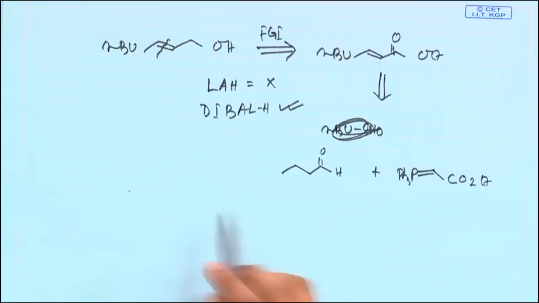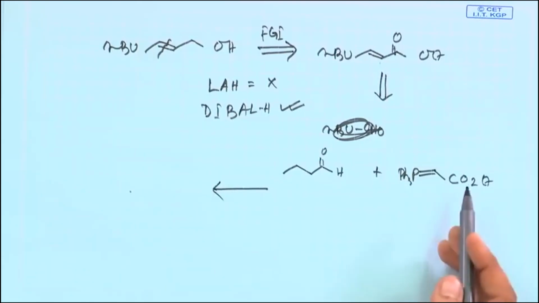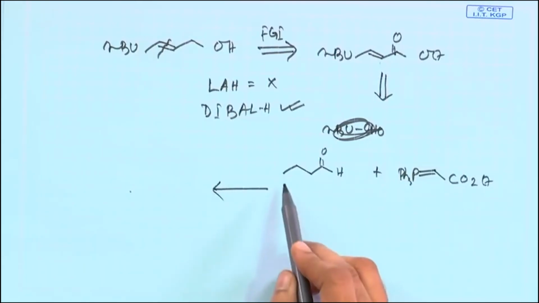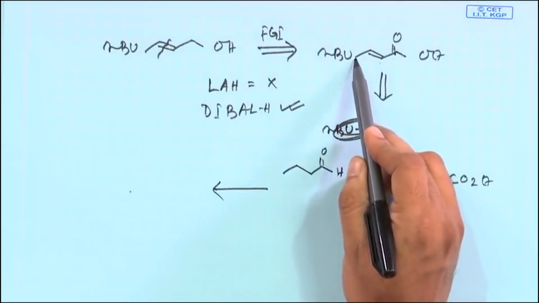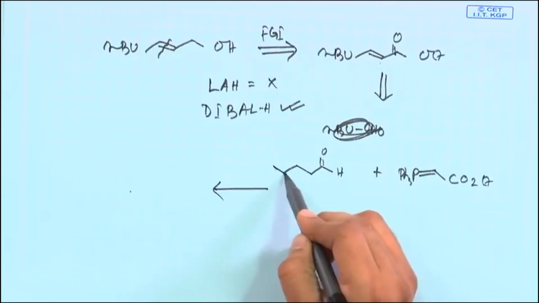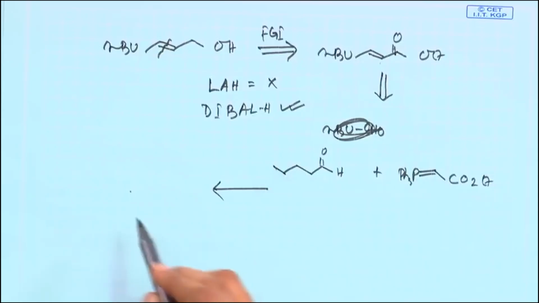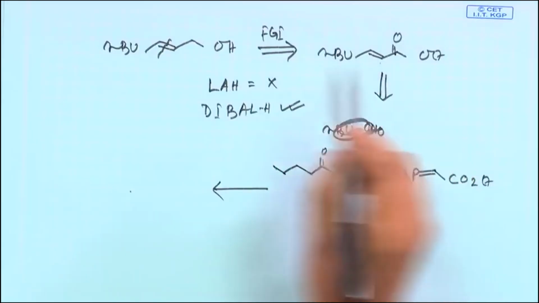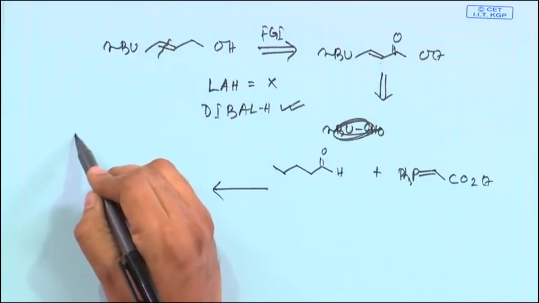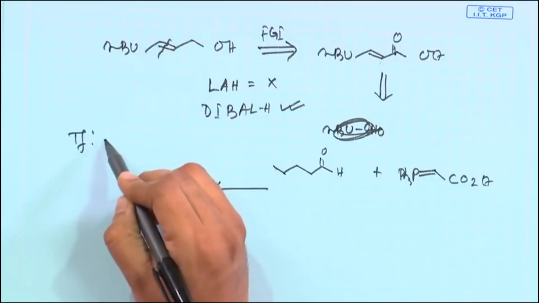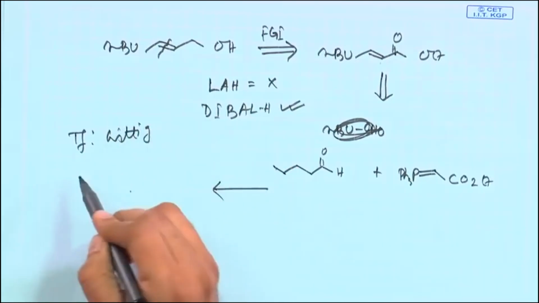So, these are the different ways you can make the molecule. Once you do this Wittig reaction with n-butanal, 1, 2, 3, 4, you get this product, you do a DIBAL reduction, then you come to this. So, the transformation is Wittig, which is very useful for these things.